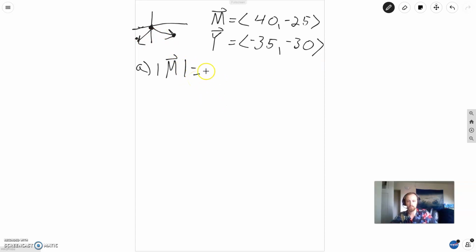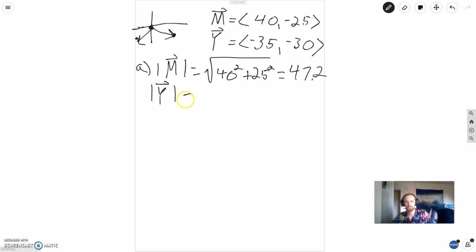So the magnitude of m equals the square root of 40 squared plus 25 squared, and that's going to be 47.2 meters. I can do a similar thing where I take the magnitude of y.